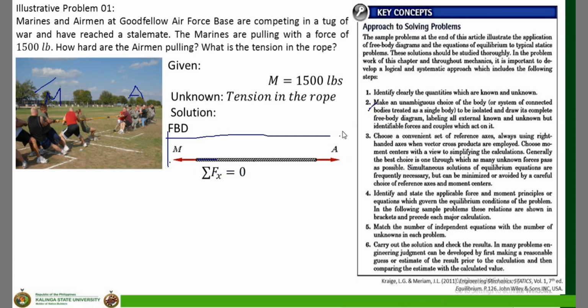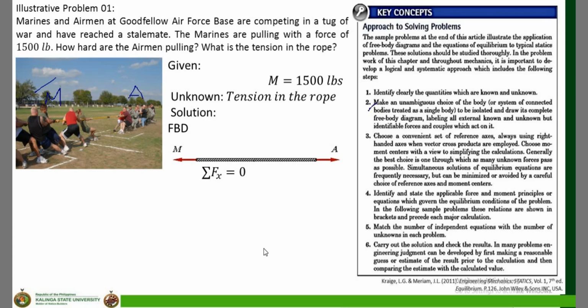Again, step 3, choose a convenient set of reference axis, and here I chose x because it is horizontal. Then step 4, identify and state the applicable force and moment principles or equations. So in here, I'm going to use summation of forces along the x-axis that is equal to 0.